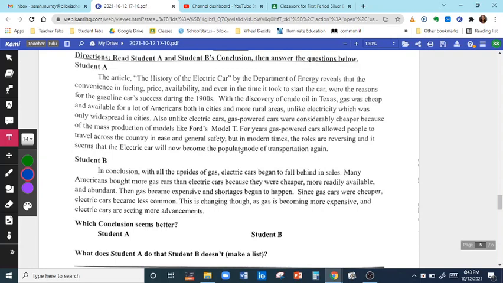Again, or at least for the first time, we've got two paragraphs that are more similar in length than some of the previous ones we might have looked at. So let's look at them a little more closely. Which conclusion really seems better?